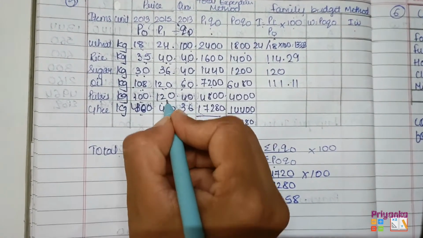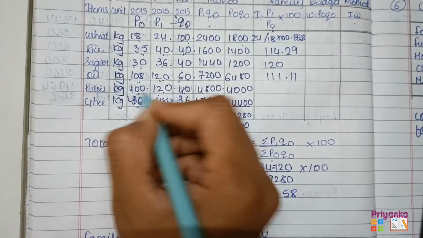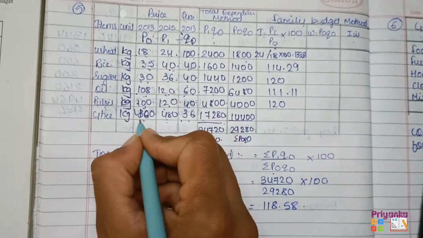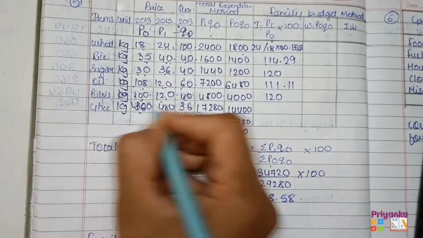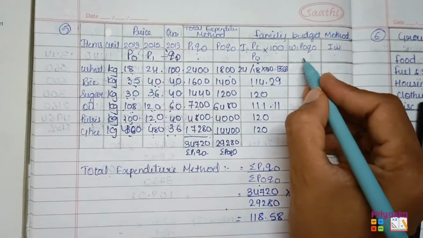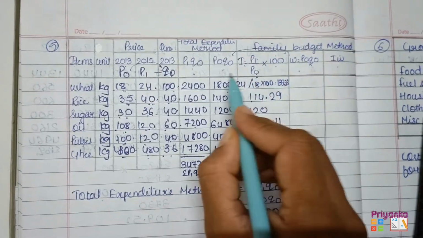Again next 120 divided by 100 multiply by 100. You will get 120. Next 480 divided by 400 multiply by 100. You will get 120. After getting this, for W, remember the P0 Q0 column will become the weight.